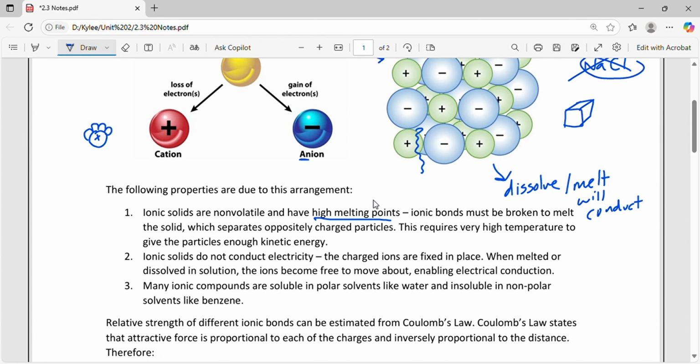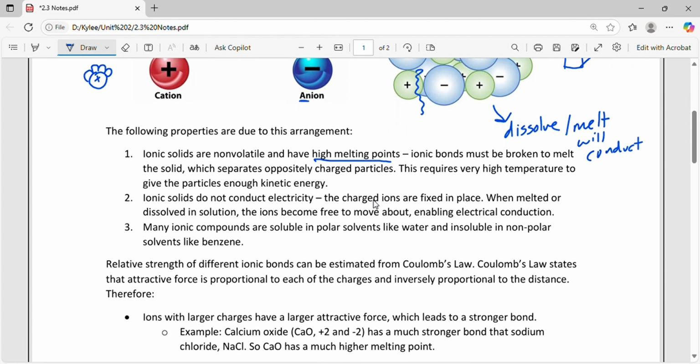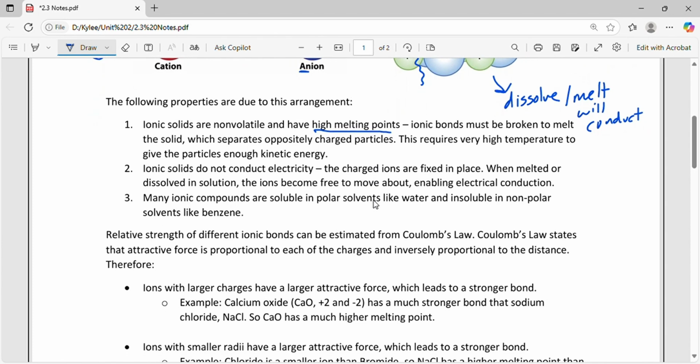Speaking of dissolving, many ionic compounds are soluble in water, specifically in polar solvents. We introduced the concept of polar versus nonpolar in an earlier section, but the reason for this is because if you have a polar molecule like water, it's going to have a negative end, and that will be attracted to a positive cation.